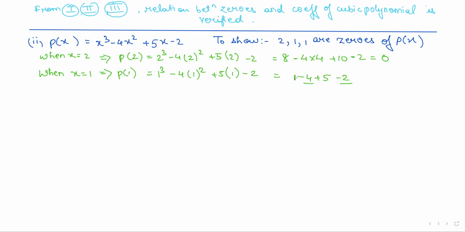Minus 4 minus 2 is minus 6, 1 plus 5 is 6, and 6 minus 6 is 0. The last value is also 1, so you've already proven for x equal to 1 that P of 1 is 0. You need not write this third part again. Therefore, 2, 1 and 1 are zeros of P of x. From 1 and 2.